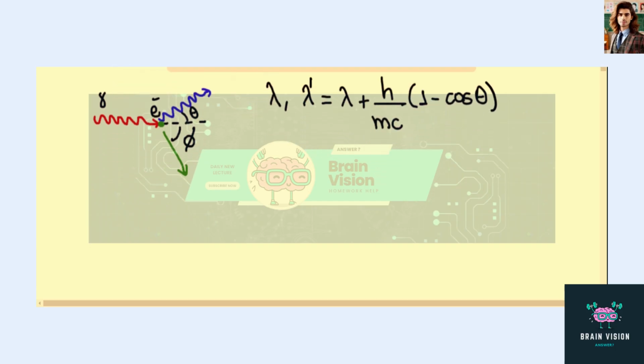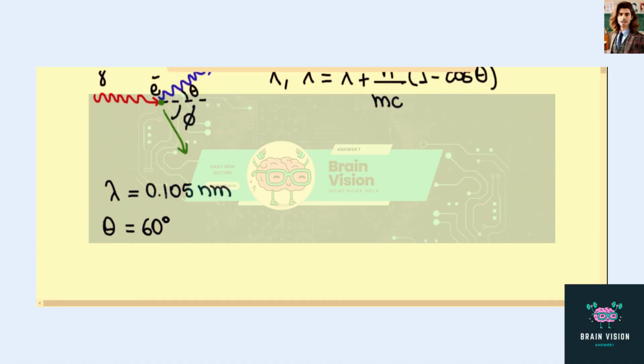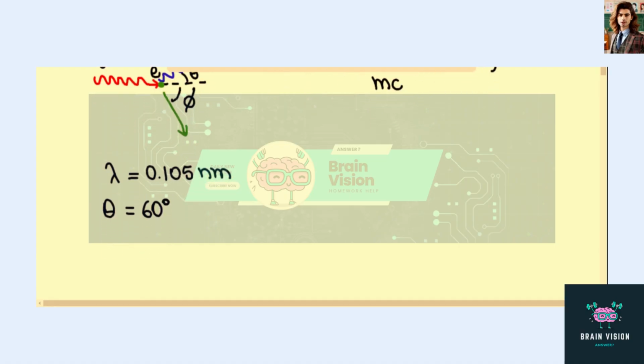Okay, so in our problem, we have a photon that has a wavelength of 0.105 nanometers and scatters off an electron with an angle of 60 degrees. Our goal is to find the magnitude and direction of the momentum of the outgoing electron.